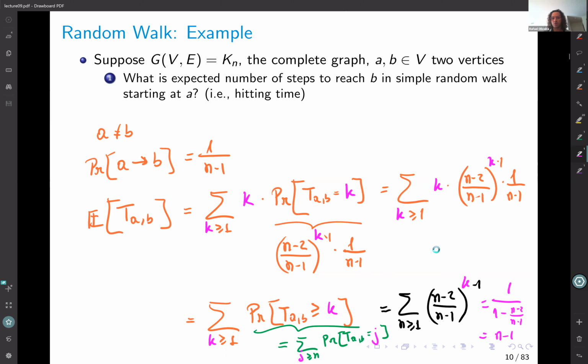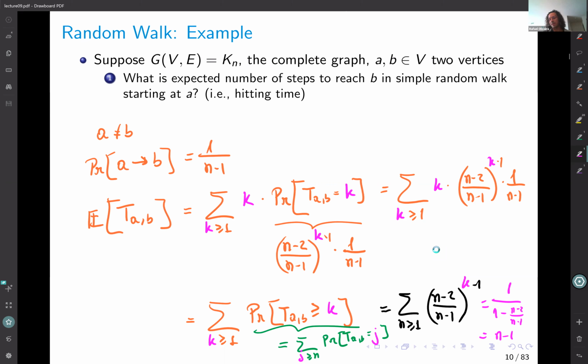Suppose that I have n-1 bins, which are all the vertices of the graph except A. For simplicity, every time I throw a ball independently into these n-1 boxes, I want to reach bin B. What's the expected number of steps I need so that there is one ball in bin B?